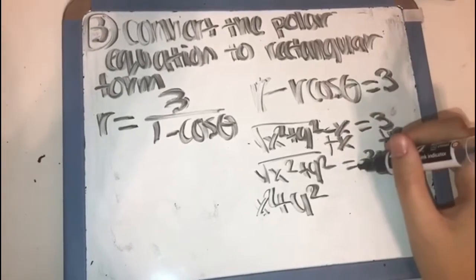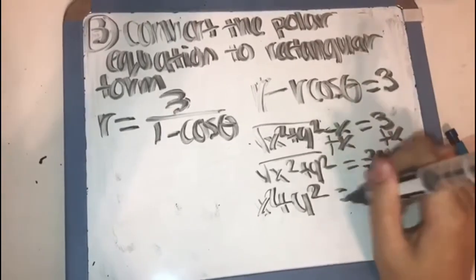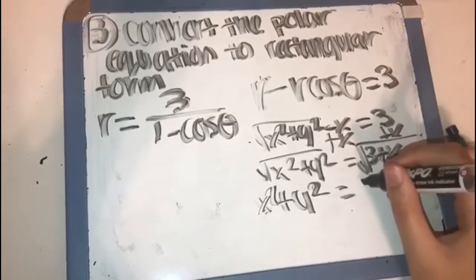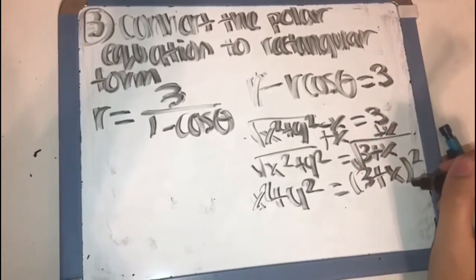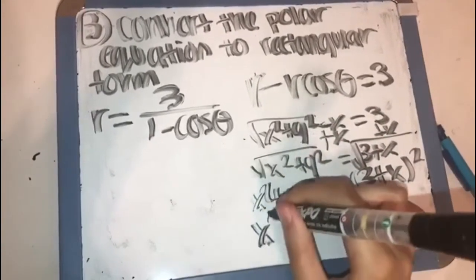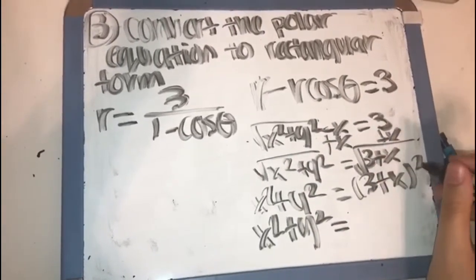If you do it in that form, it would be x squared plus y squared equal to 3 plus x, squared. Now if we simplify again, we simplify 3 plus x squared.